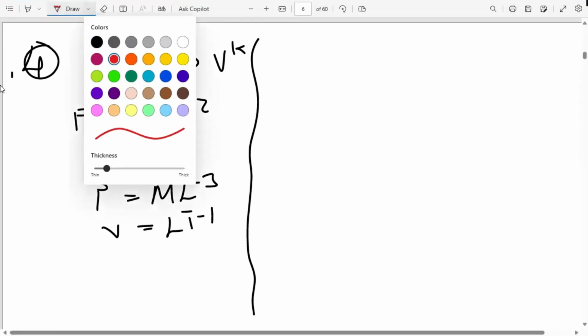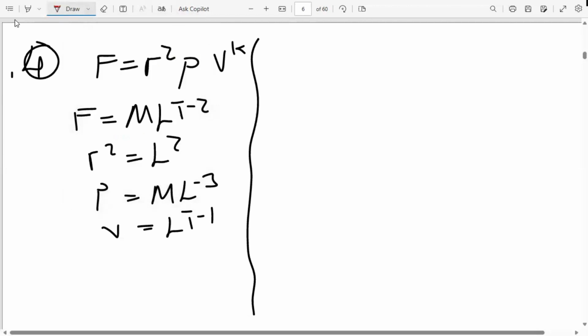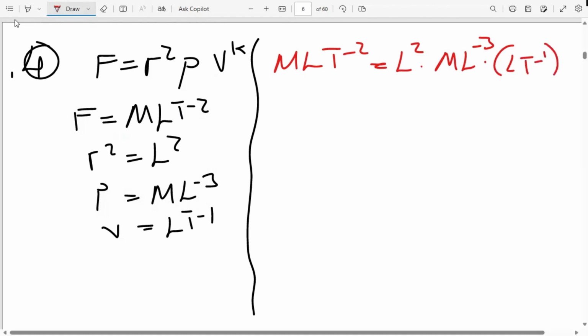Let me use some red. So F here we have M L T to the power minus 2. This is equal to L squared multiplied by M L to the power minus 3 multiplied by v, which I'll put in brackets, L T to the power minus 1, with k like that there.